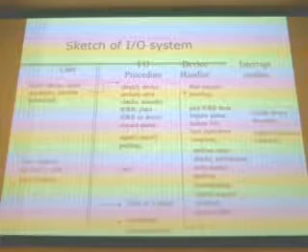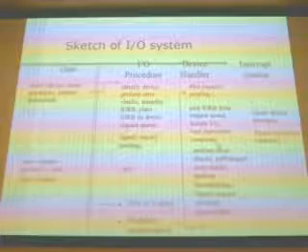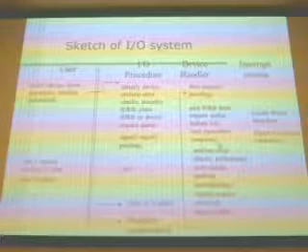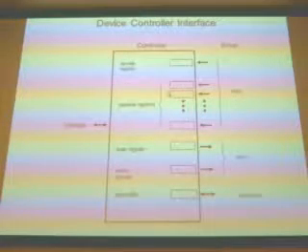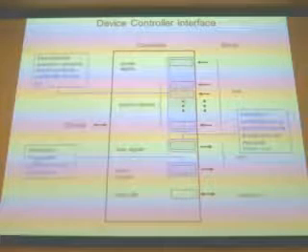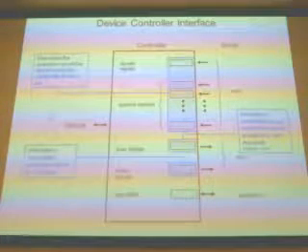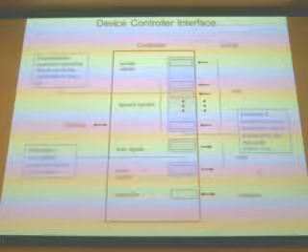And then, when the I/O operation is completed, you have operation complete to the device handler. So when the I/O operation has been completed, the status register knows it, and that information is sent to the device handler.